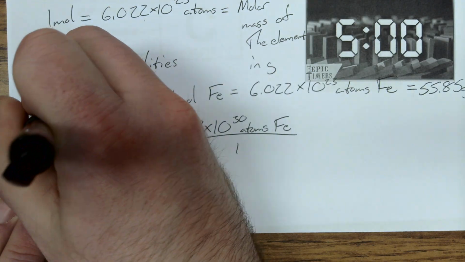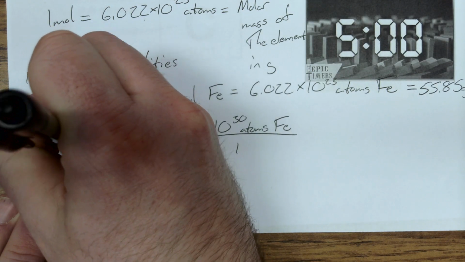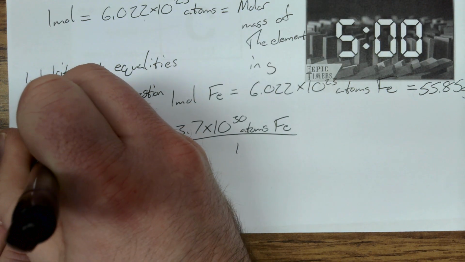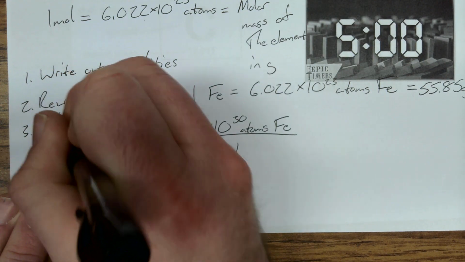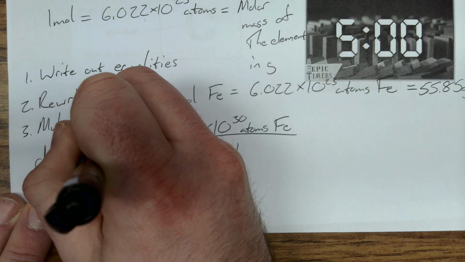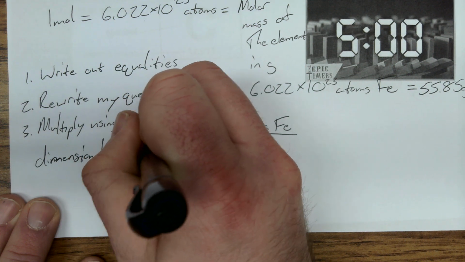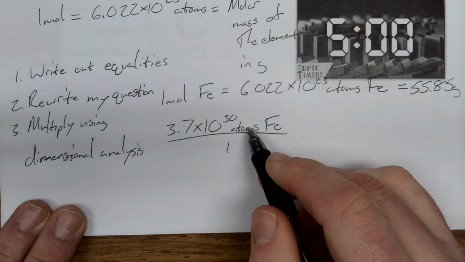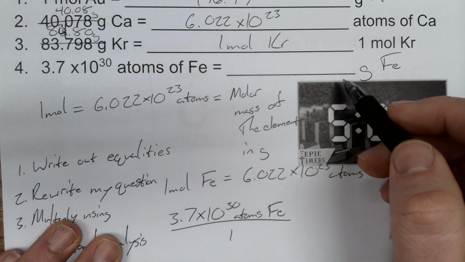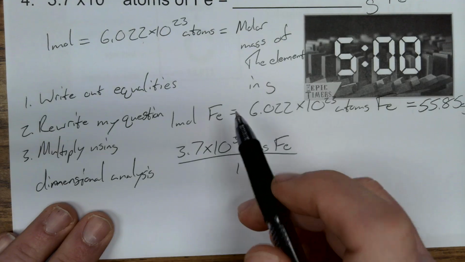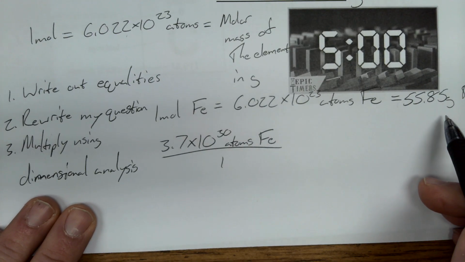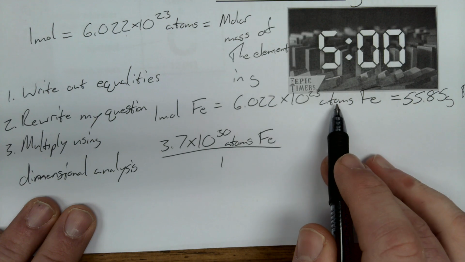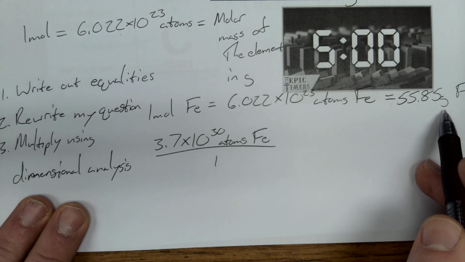At step 3, I'm going to multiply using my dimensional analysis. Now, I have atoms and I want to get to grams. So am I going to use the mole or am I just going to use grams? I don't need moles, right? I have atoms and I need it in grams.